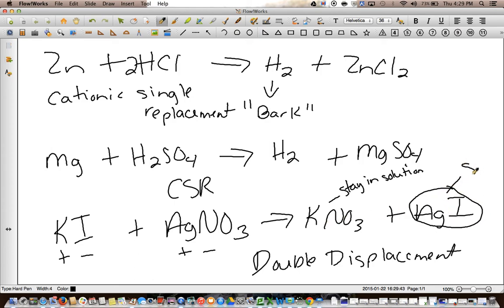So in this case, the silver iodide produced the solid, or the precipitate. So when you're looking at your double displacement reactions, if one of the products is nitrate, it's not going to be the solid or the precipitate. If you saw a solid or precipitate or you saw that it was cloudy, then it's the other substance that produces that.